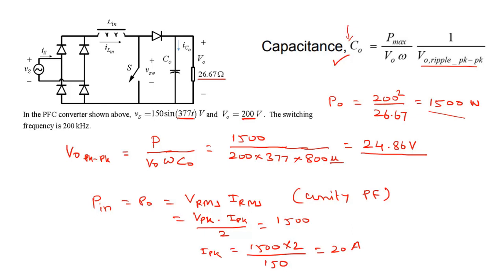From that I can write the expression for Is instantaneous, Is of t, as 20 amps peak value times sine of the same frequency as the voltage, 377t, and in fact it is in phase with the voltage, so no further angle added. So it's 20 sine 377t amperes is the input current Is of t.